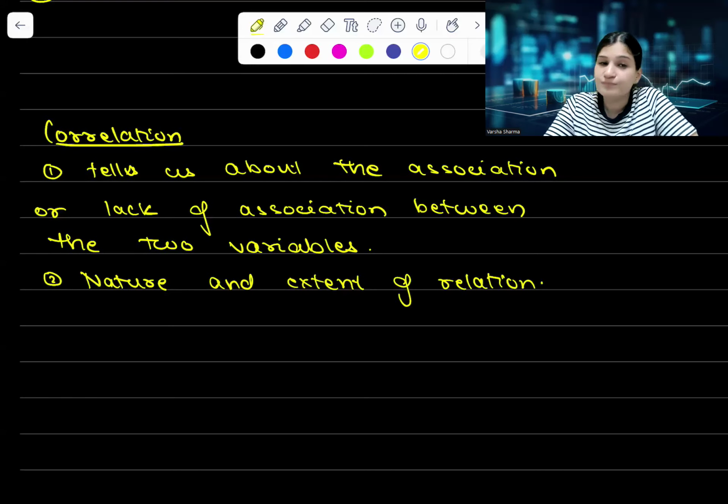What does it not do? It does not form a mathematical equation, because of which we will not be able to find the value of one variable when the value of the other is given.